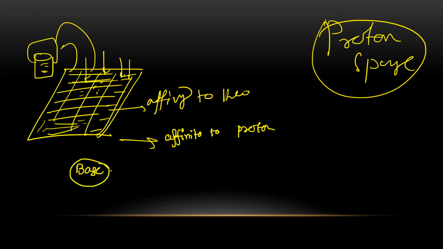So normal bases show affinity to proton. But these bases are normal bases, and these bases are proton sponges. That means it is a very, very strong base, like a sponge that abstracts so many protons. So proton sponges are basically bases where basicity is very high.